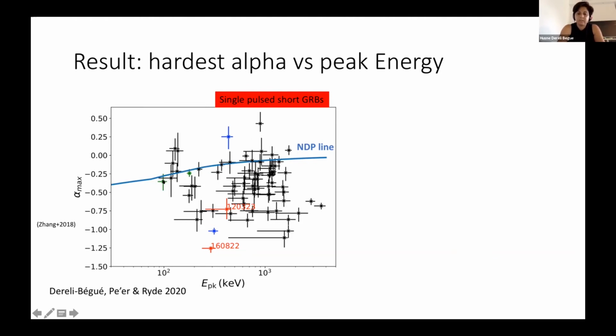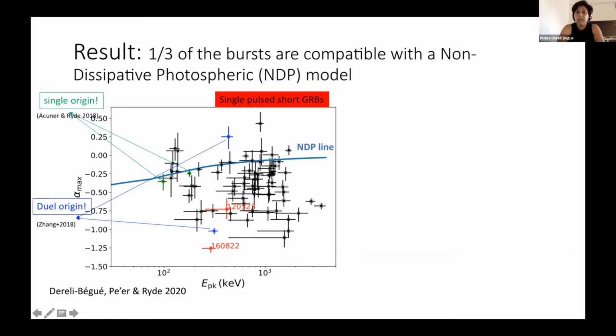And this is somehow the clue for a single origin: the two pulses in the light curve of this source both originate from the non-dissipative photospheric model. However, you see here with the blue dots that the first peak is compatible with the non-dissipative photospheric model, and the second peak is most likely another emission like synchrotron.